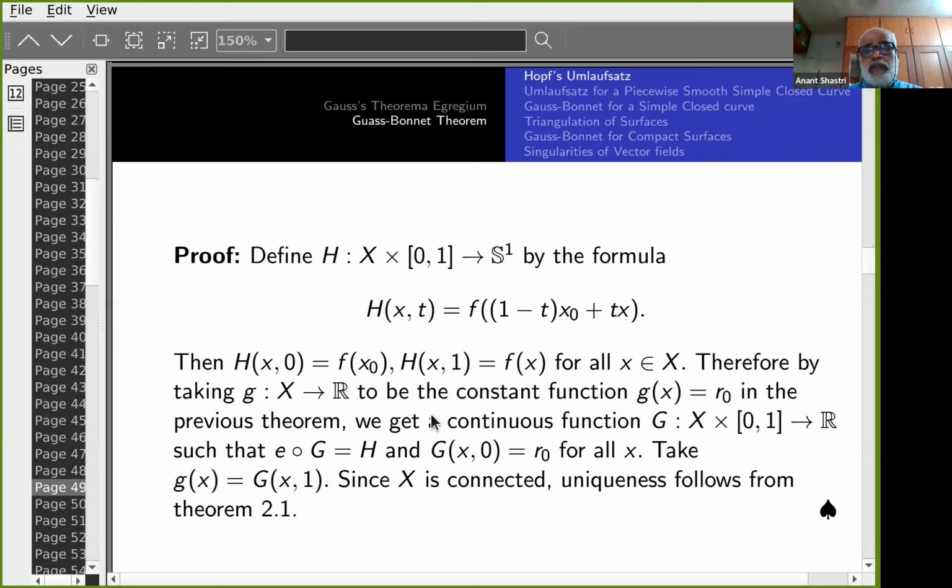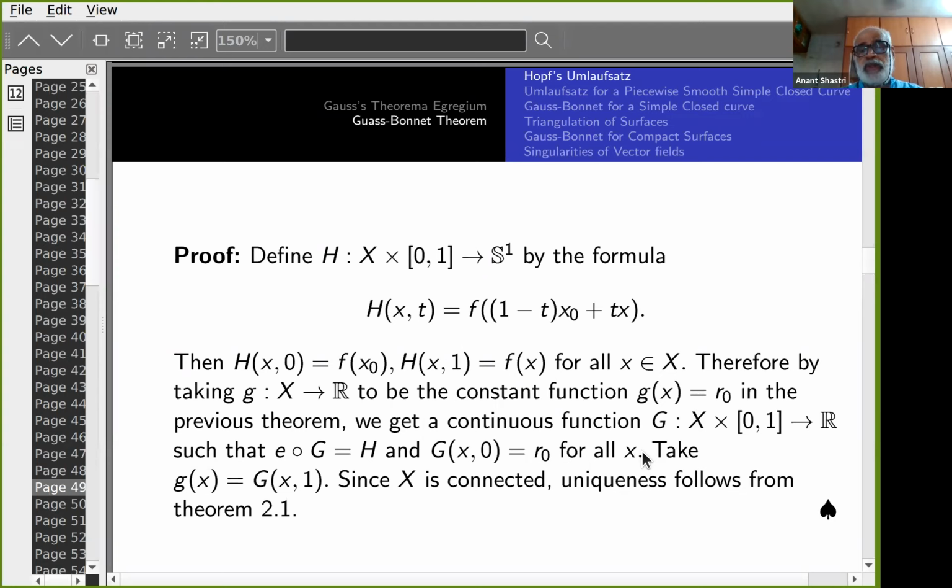This will guarantee me capital G from X cross [0,1] to R such that E composite G is H, and the initial segment, that is G of (x,0), is just r0 for all x, a single point.